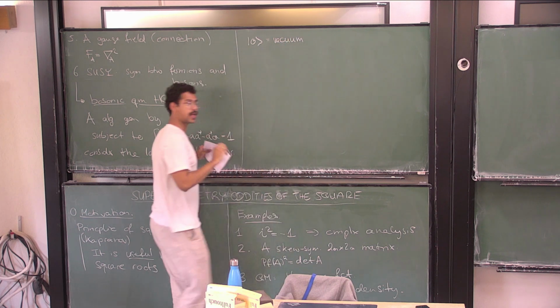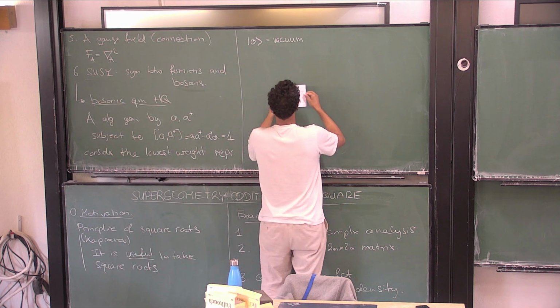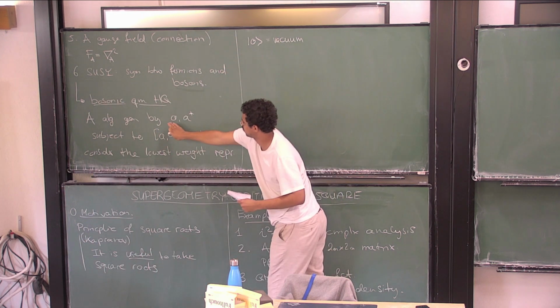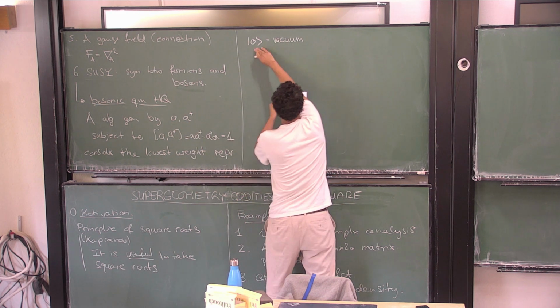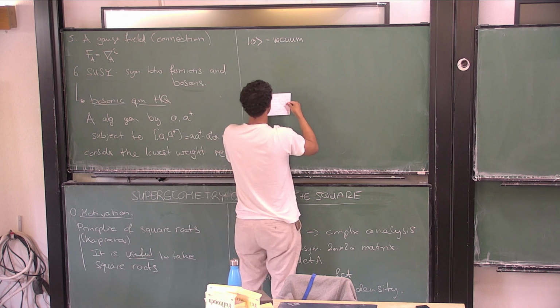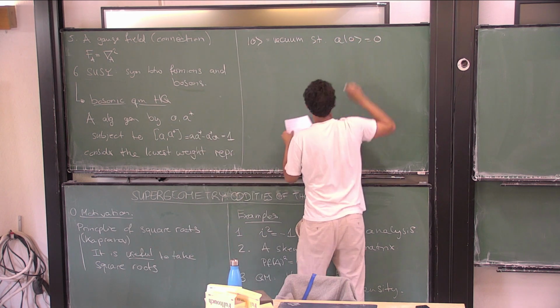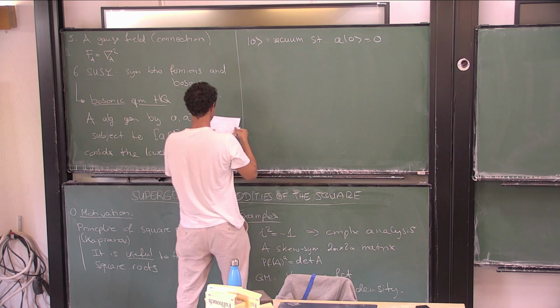This is purely algebraic. Assume there exists such a thing which A and A star can act on. This is an element of the vector space of our representation of A, such that A of 0 is just 0.